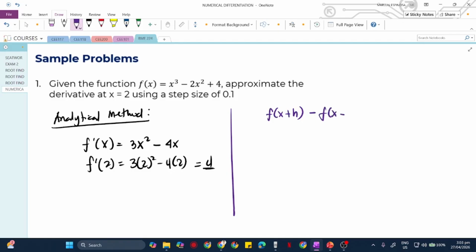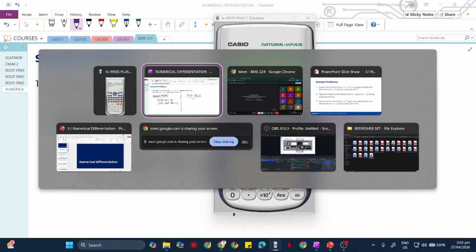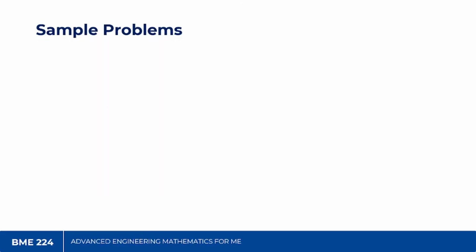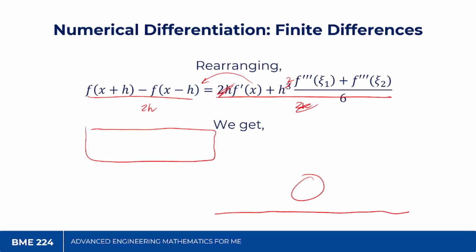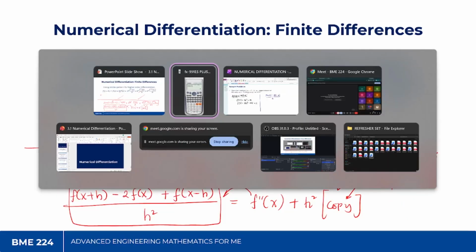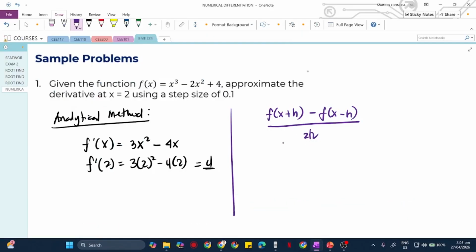Minus f of x minus h, yung step size natin, all over h. H ba yun or 2h? Kalimutan ko. H lang. Sorry. 2h pala. Okay, tama na 2h. So, yung f prime of x natin would be approximately equivalent to ito yung formula. Okay?